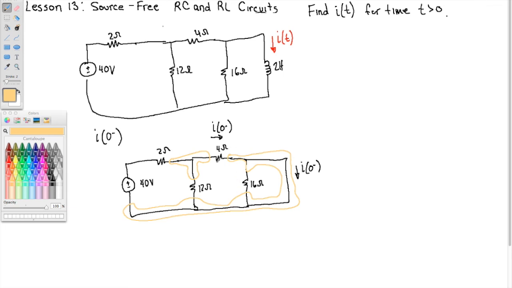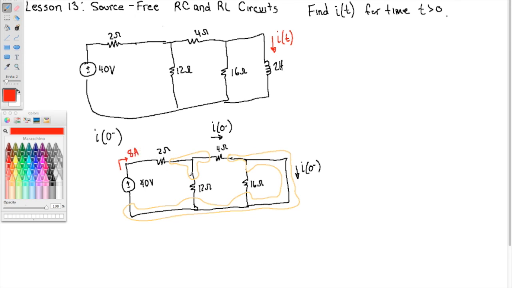So they're in parallel, they make 3 ohms. The 3 ohms is in series with the 2 ohms, because all of the current that goes to the 2 ohms must go through either the 12 or the 4. So that makes 5 ohms. The current here, we have 40 volts that sees 5 ohms, so the current here is 8 amps.